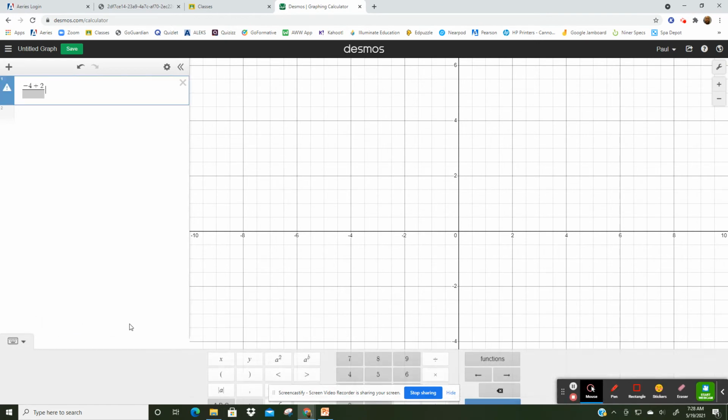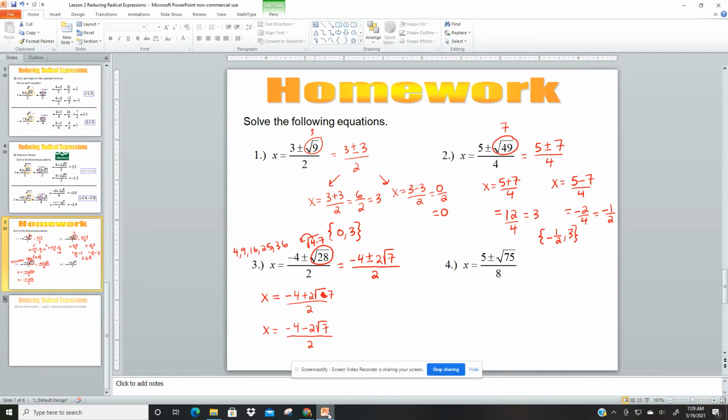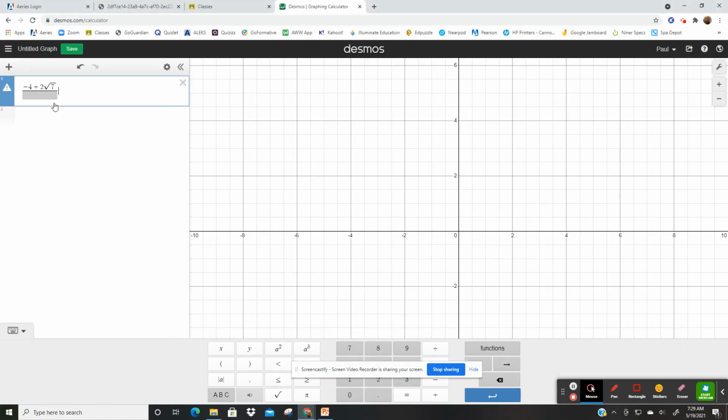There's my bar. So radical. So up here, I'm going to put rad 7. And what was it? It was 2. Okay, over 2 right there.